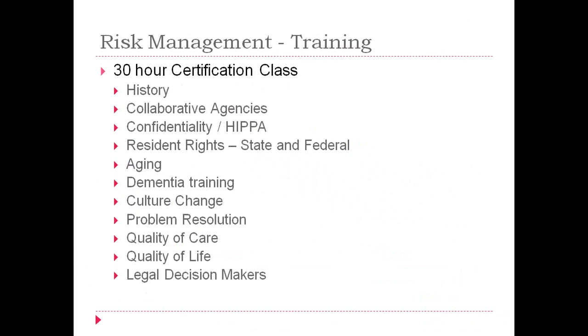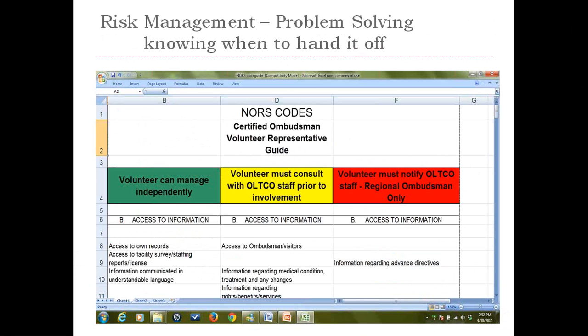So you can see it goes through a number of varying topics. And then from those varying topics, what we have done is we've created what we call the red, yellow, green sheet. And it's set up consistent with a traffic signal.